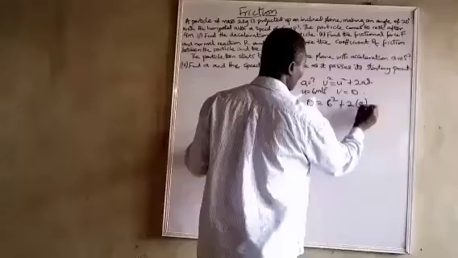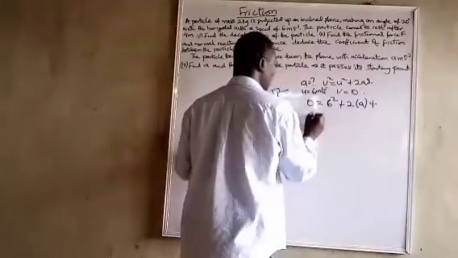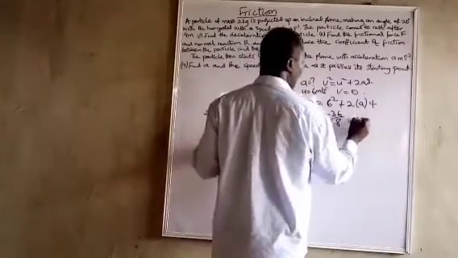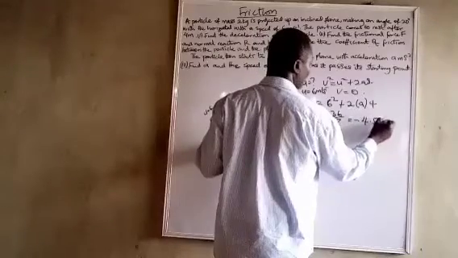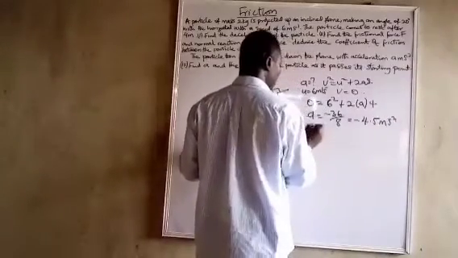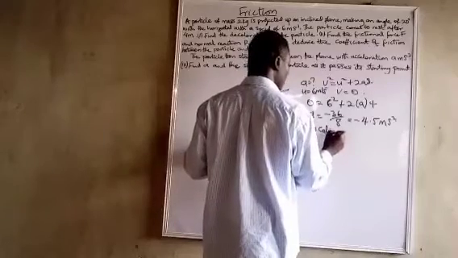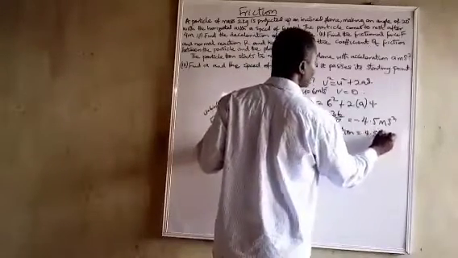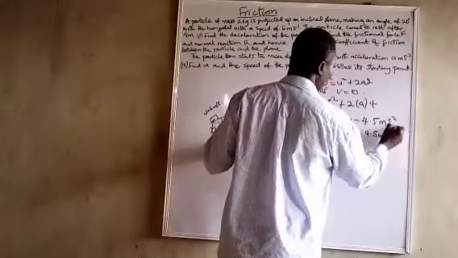And what is our s? 4. Therefore, a is equal to minus 36 over 8, which is minus 4.5 meters per second squared. So, deceleration is 4.5 meters per second squared.